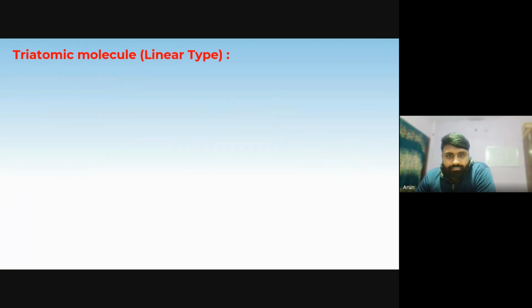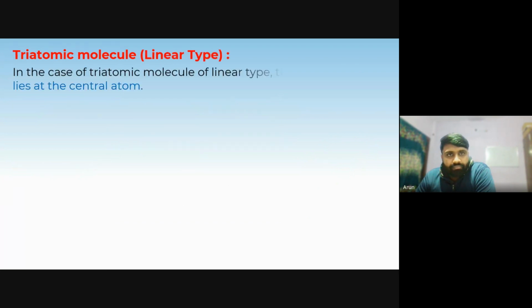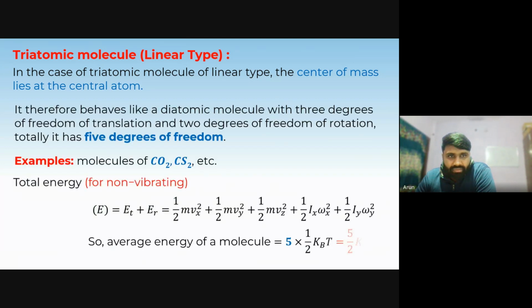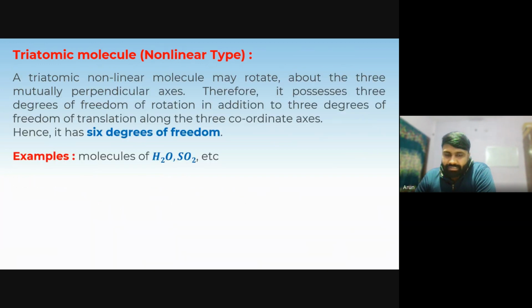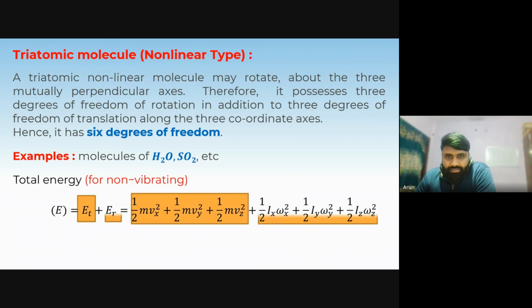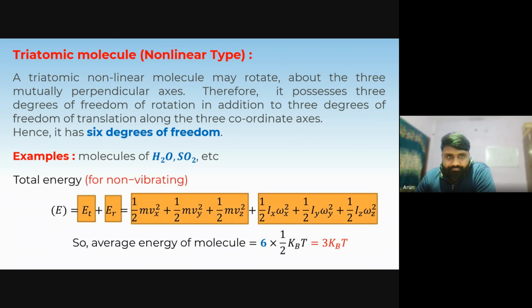Now for a triatomic molecule also, you can have 5 degrees of freedom for the linear type. For the non-linear type, it has 6 degrees of freedom. So the average energy of the molecule is 3 kBT.